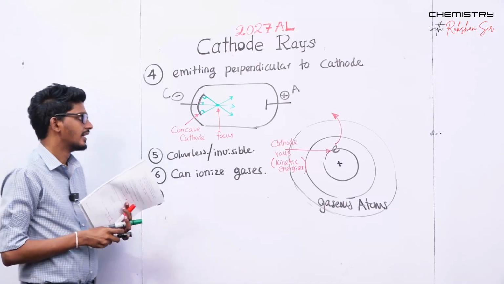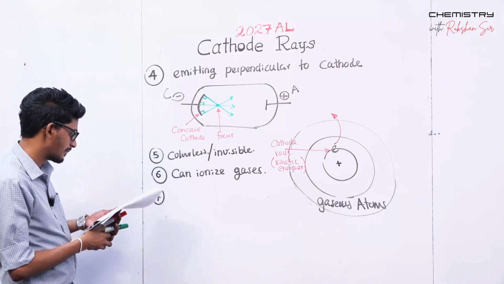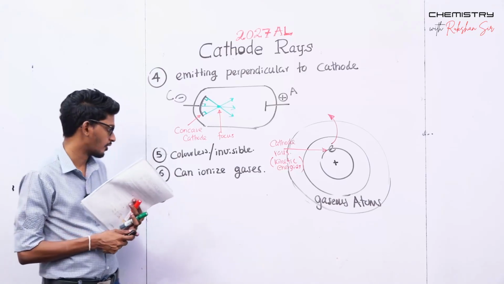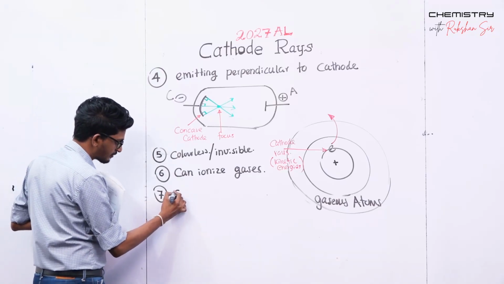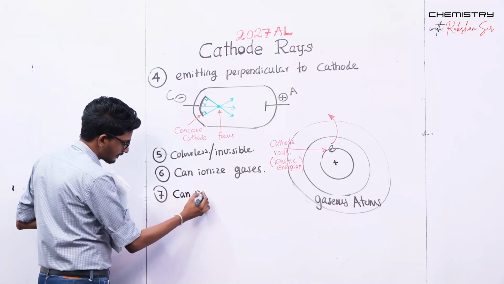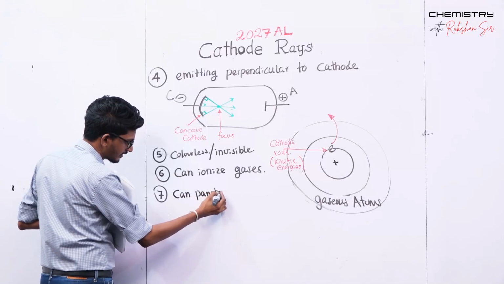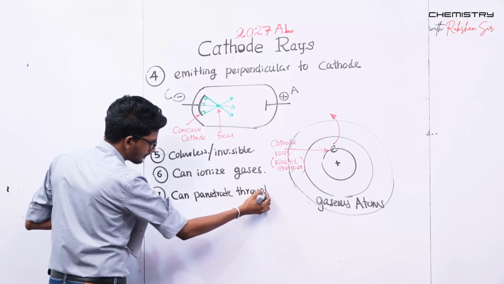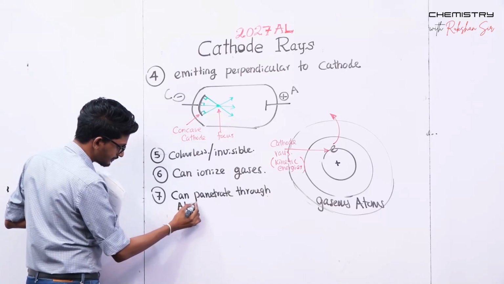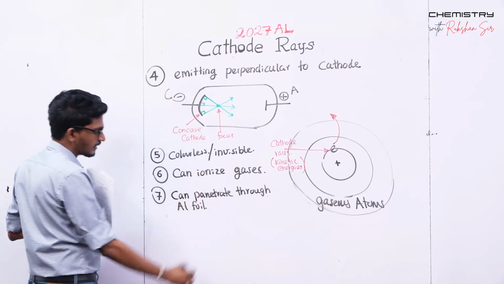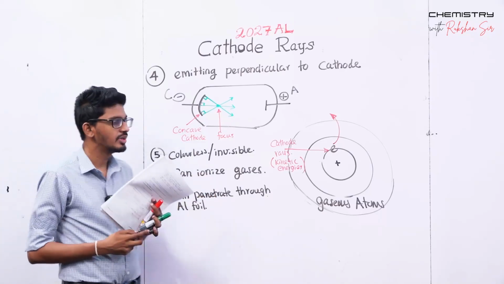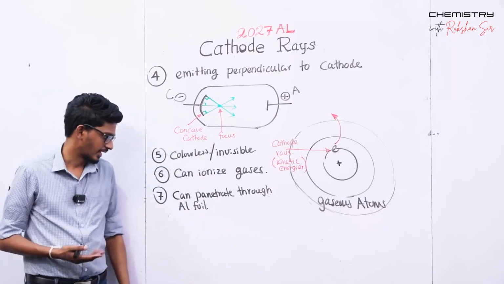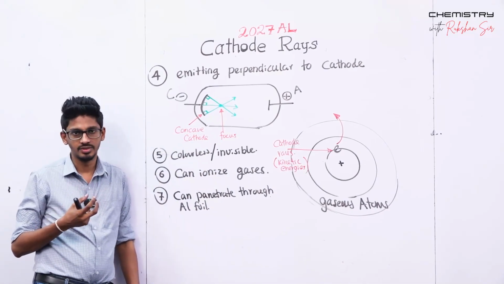Okay. Next one, number 7. Cathode rays can penetrate through aluminium foil, right?